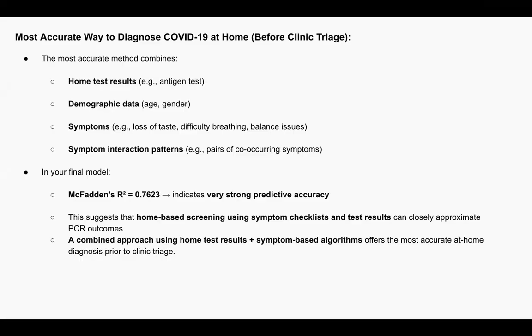And our final model, which found interaction patterns, was our strongest model, with the 76% McFadden R squared. And this suggests that home-based screening using symptom checklists and test results can closely approximate PCR outcomes. And a combined approach using both of these offers the most accurate at-home diagnosis prior to clinical triage.